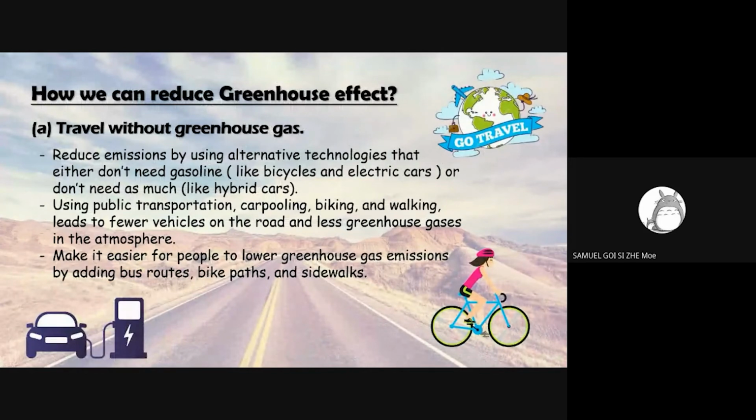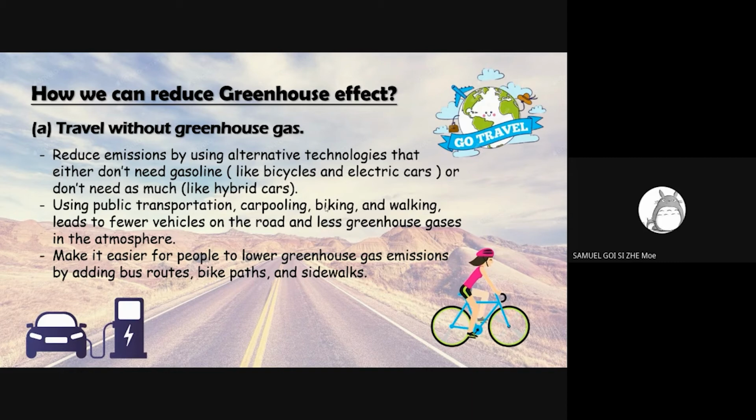The first way is we can travel without greenhouse gas, reducing emissions by using alternative technology that doesn't need so much gasoline. Examples of alternative technology are hybrid cars, bicycles, and electric cars.